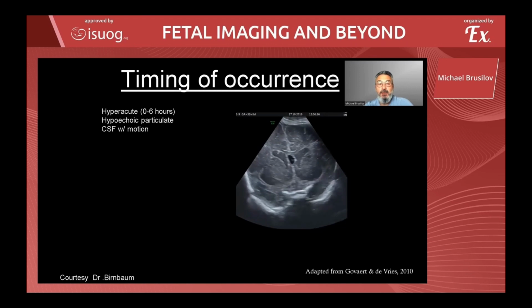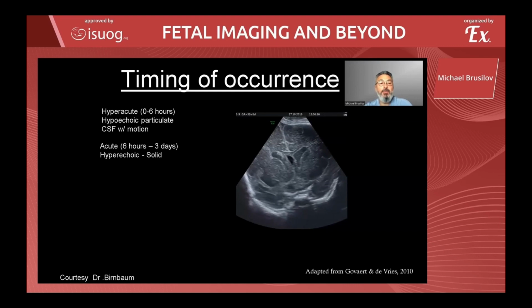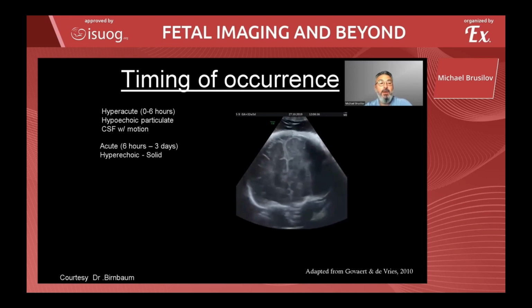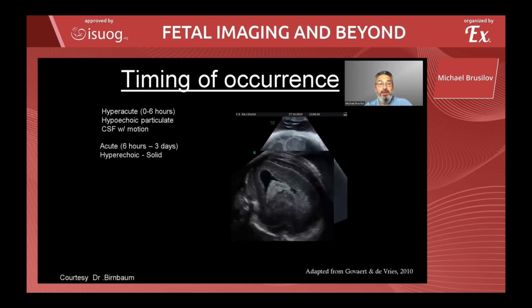You can see here timing of occurrence. Hyperacute from the start to 6 hours with hyperechogenic particles in CSF with motion. Acute period 6 hours to 3 days, hyperechogenic solid mass.